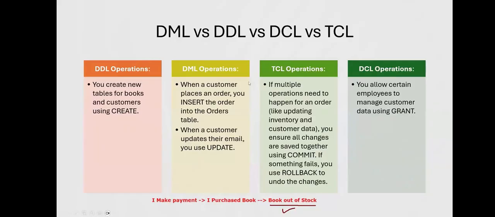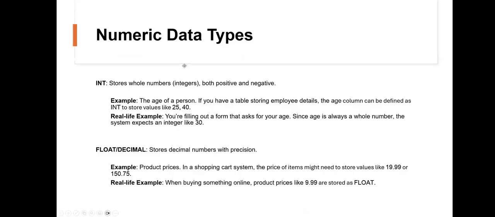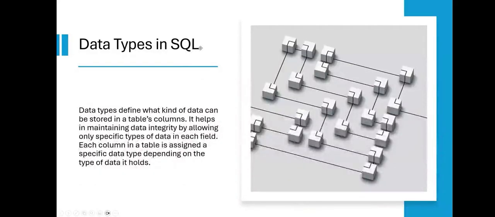Now, moving forward with data types in SQL. Whenever we are storing data in SQL, there are different data types that we can use, right? These data types define what type of data is stored in a particular column. So let us say I'm storing a phone number, then it is mostly numerical data.